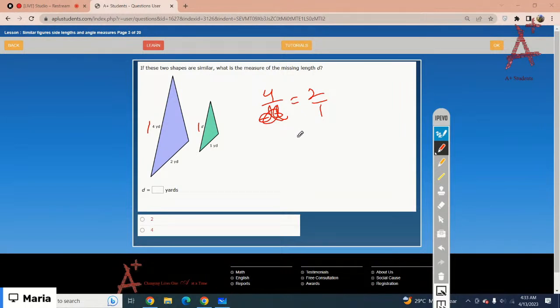It would be 4 times 1 and 2 times d. Divide both sides by 2. It would be d equals 2. So the correct option is 2.